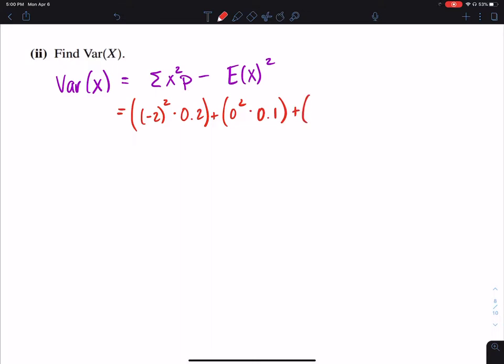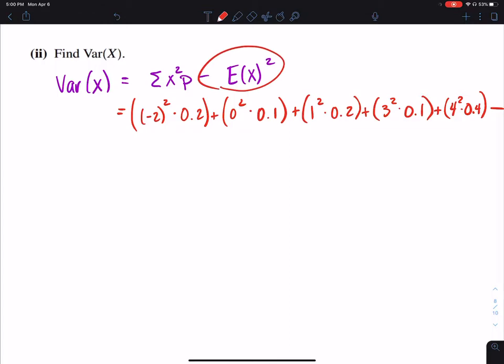And then you just plug away, put all these in here. All of your X values squared. I'm running out of room. 4. And then minus this value squared, okay?